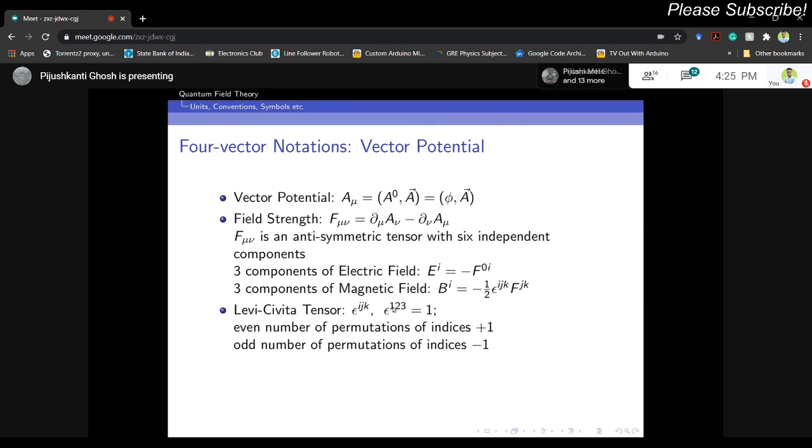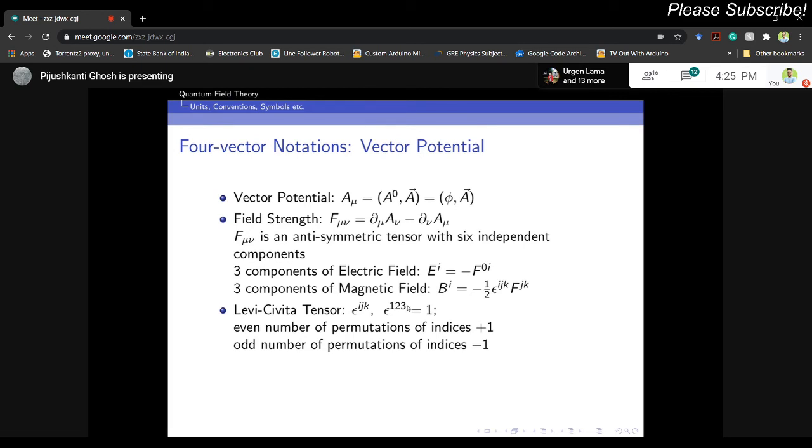Say for example, if epsilon_123 is equal to 1, then what is the value of epsilon_213? From 123 to 213, that means only one permutation. So that is an odd number of permutations, so epsilon_213 will be equal to -1.